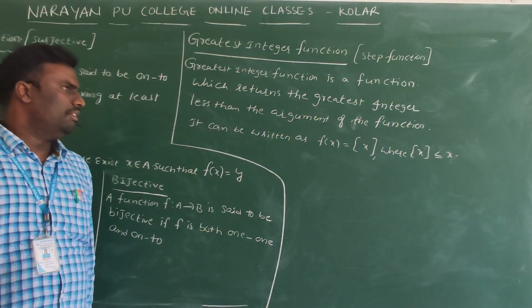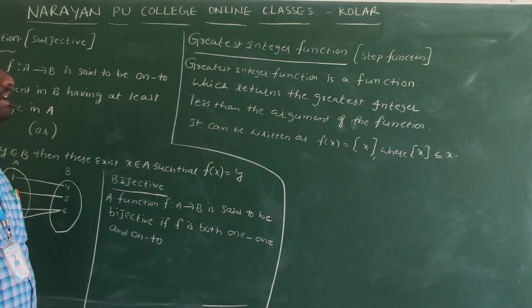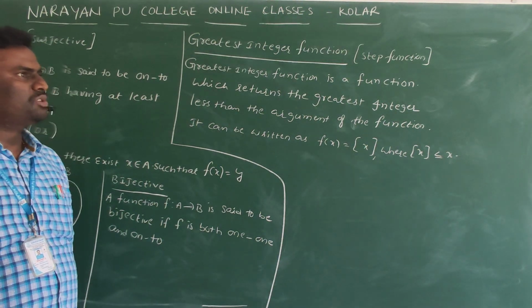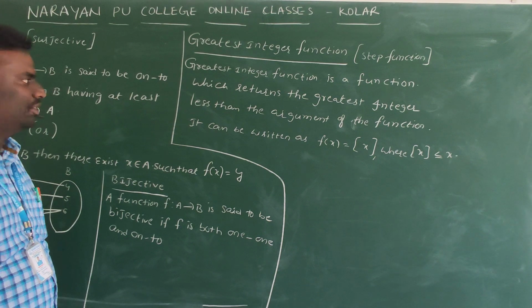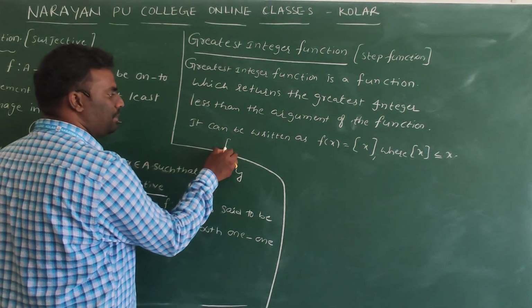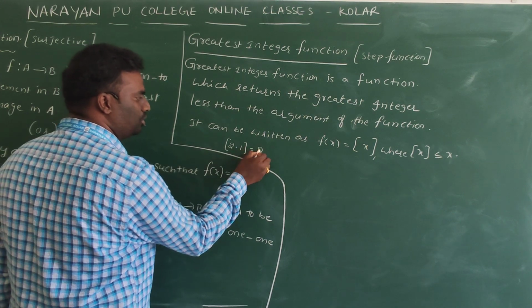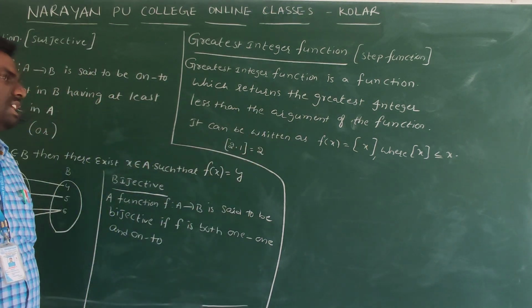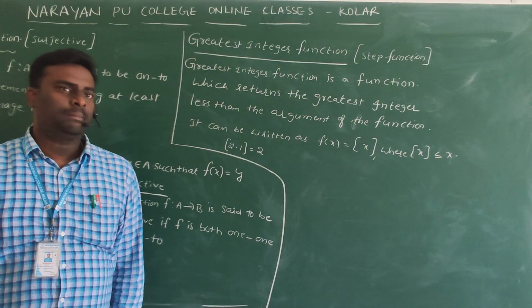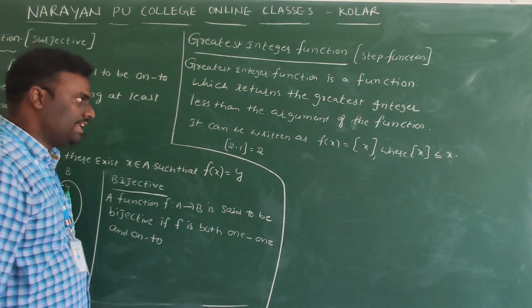Okay, I'll give a small example to find the step values of different values. For example, step of 2.1 is nothing but 2. Why? Step function always gives the preceding integer.